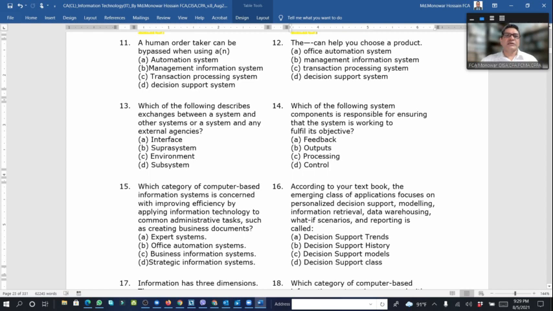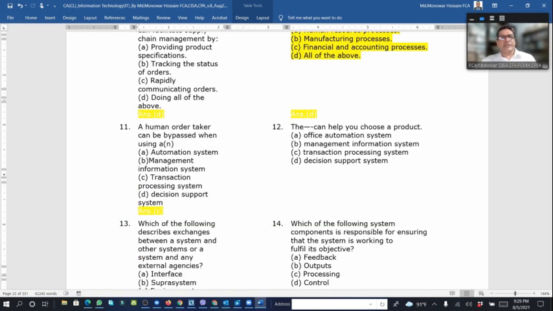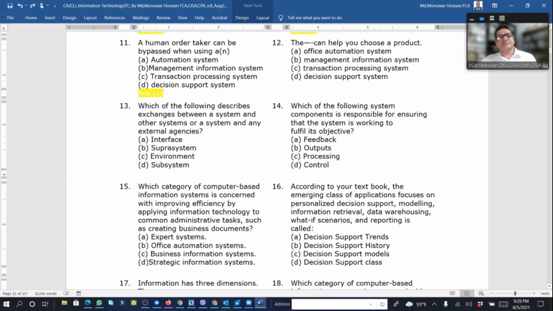A human order can be bypassed when using automated management information, transaction process, decision support system. What would be the answer? Transaction processing system. Yes, transaction processing system.